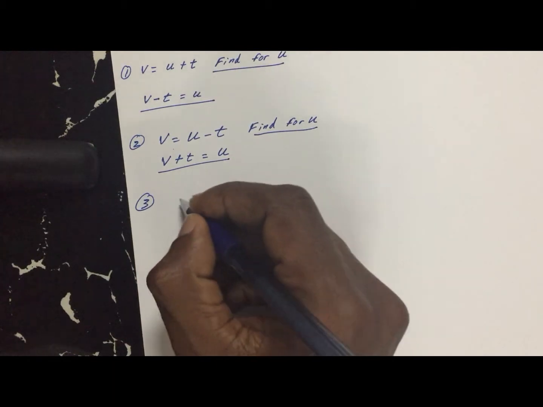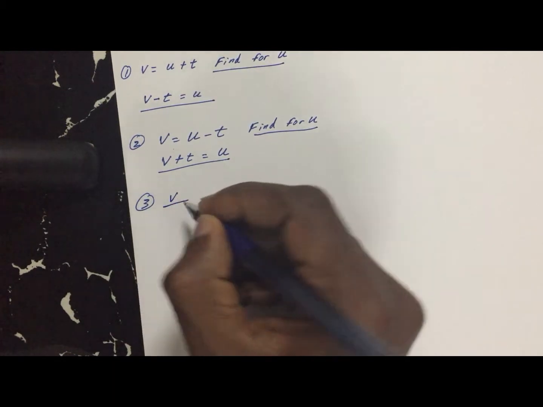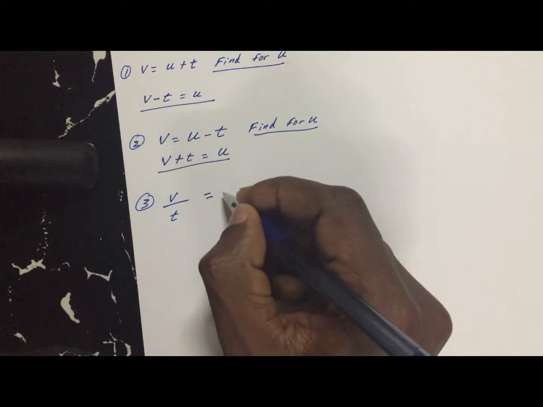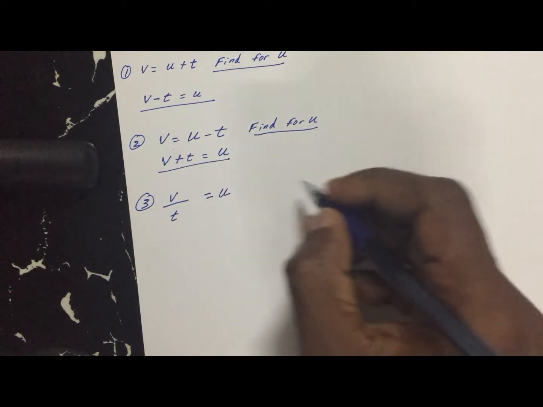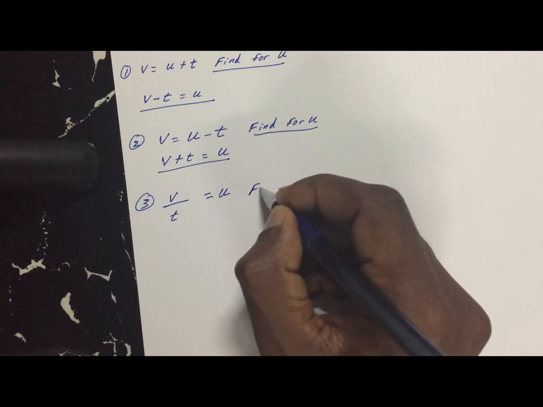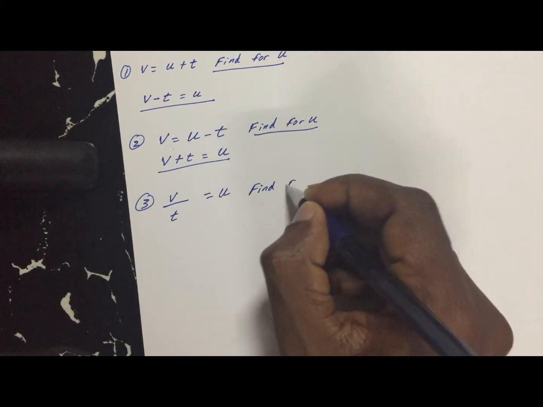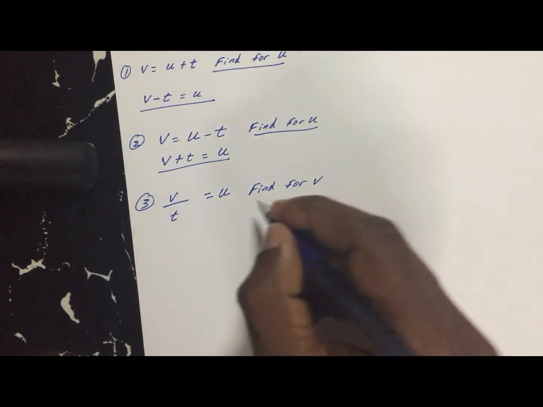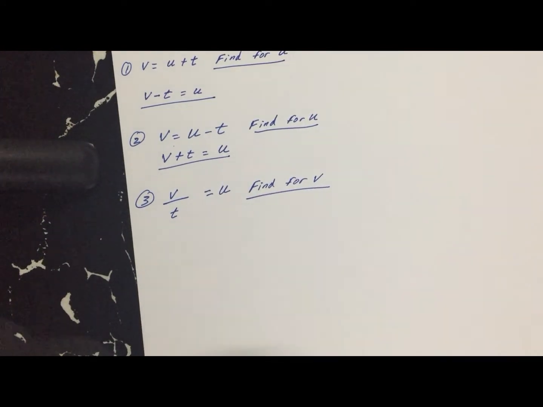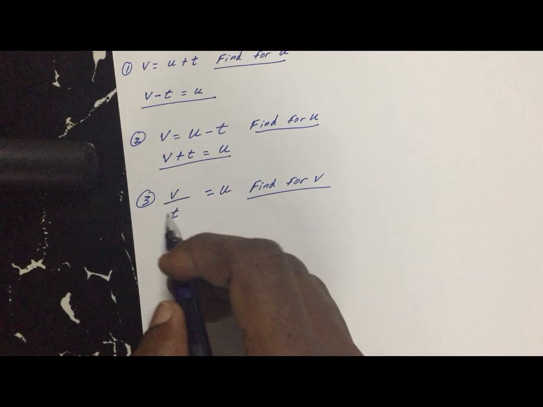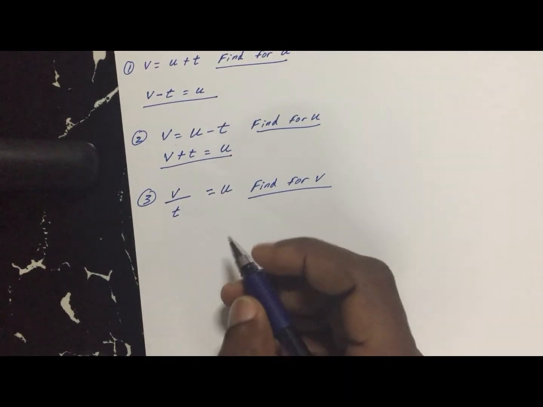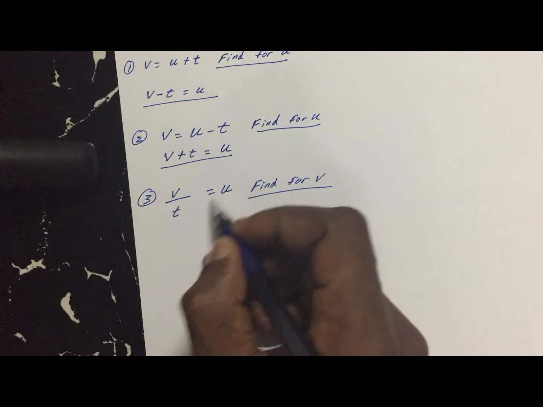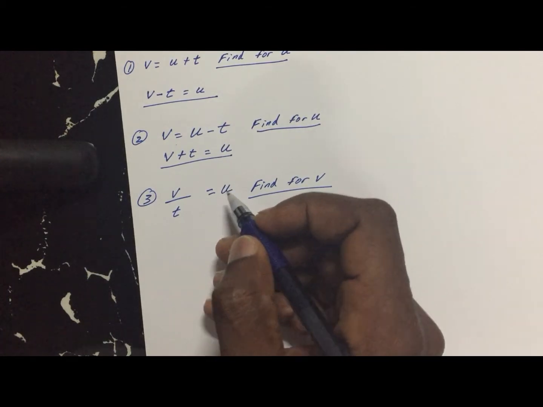So let's go. We have v divided by t is equal to u. And in this case, what we're finding for is v. Alright, what are we going to do here? So we have a quotient. Basically we take this little bad boy here and carry it across to join the soldiers.